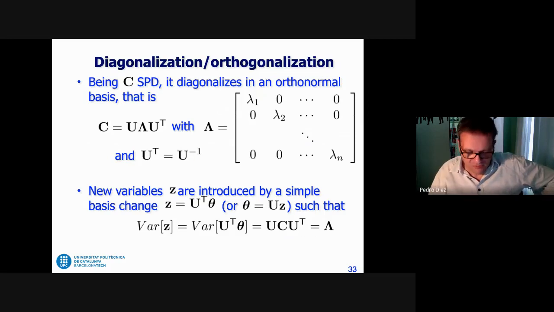So we introduce a new variable, the one associated with the change of basis U: Z equals U transpose theta, or theta equals U Z, is such that the covariance of this new variable Z is exactly lambda. So this new vector has a diagonal covariance, so each of the components of the vector is independent of the others. They are statistically uncorrelated.